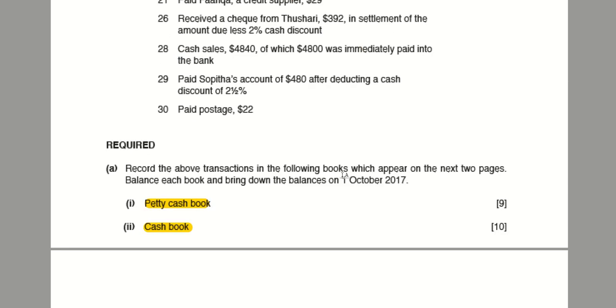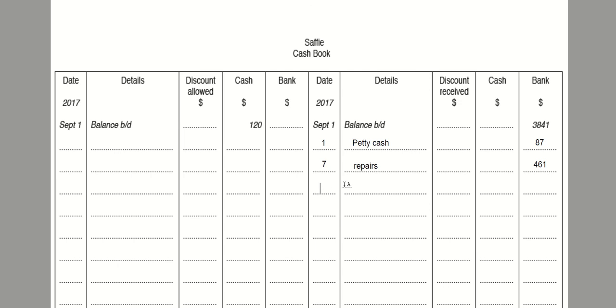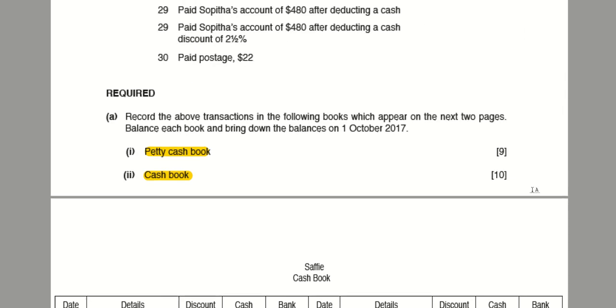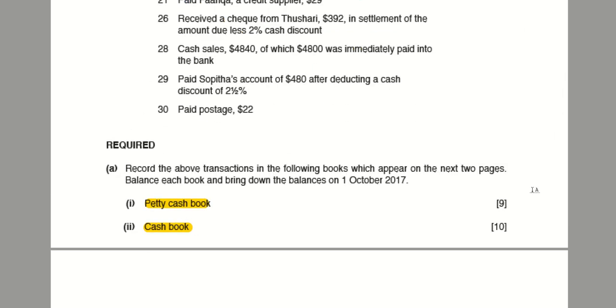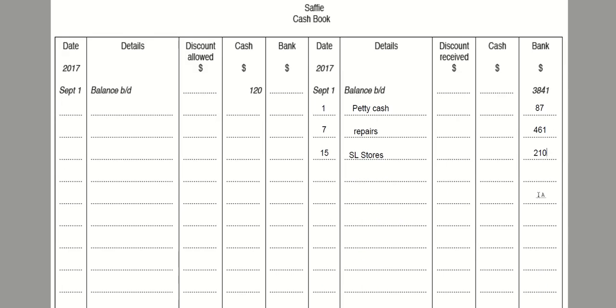So we'll make on the 15th of September, SL Stores in the details. This is the name of the customer whose check is dishonored, and in the bank column we will put the amount of the check. Just to double check, a check of $210, and in the bracket we will write beside SL Stores, dishonored check, or dis check.